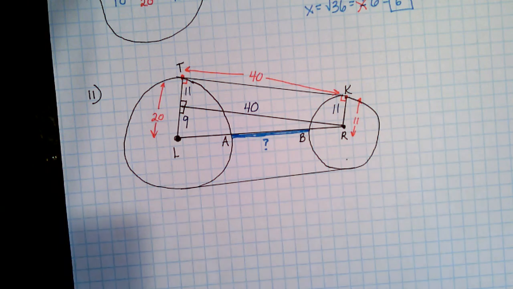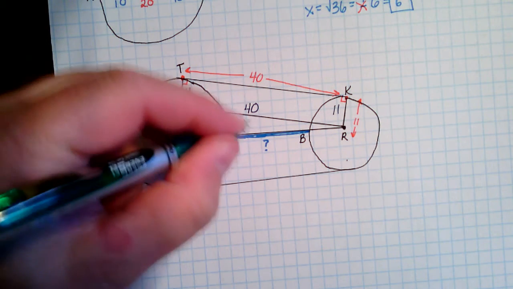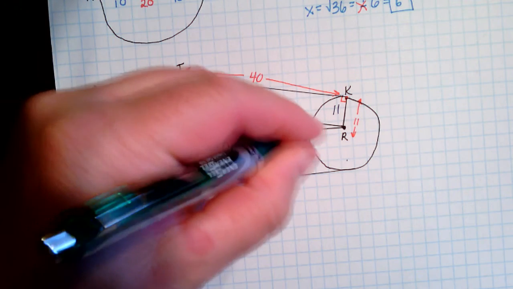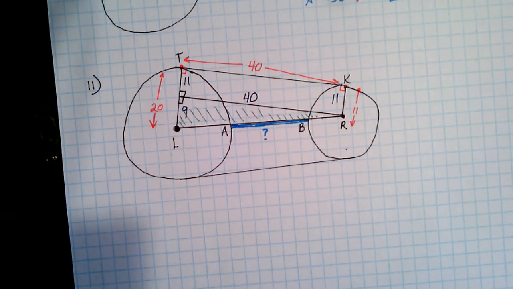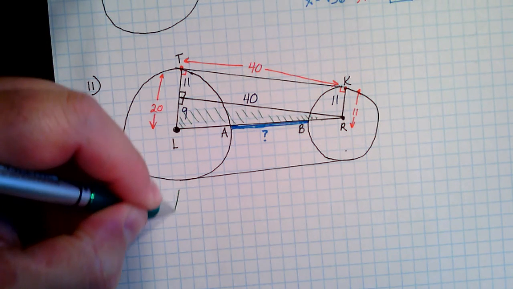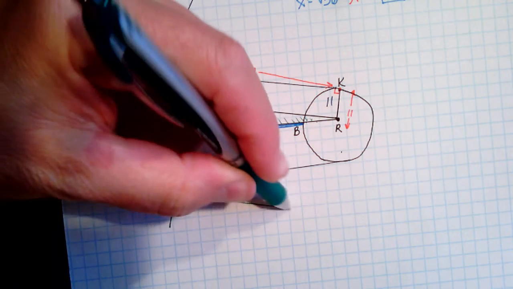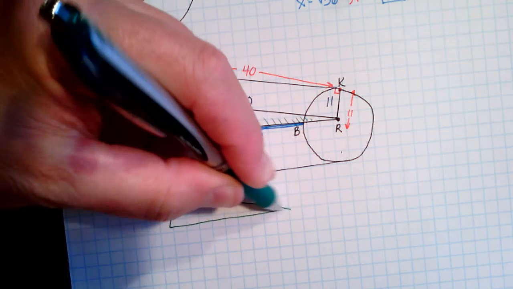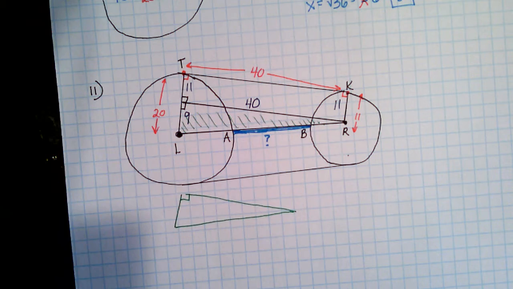So then you can kind of think of it like a shape within a shape. So now you have this shape in here that I'm shading. You can kind of envision that. That's a right triangle. And I think the trick is to locate where the right angle is and label the parts.